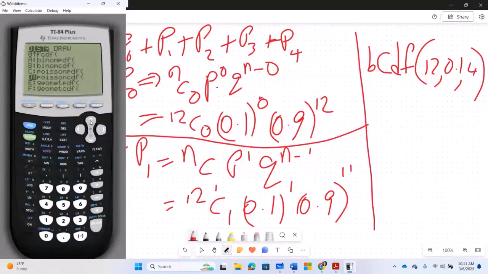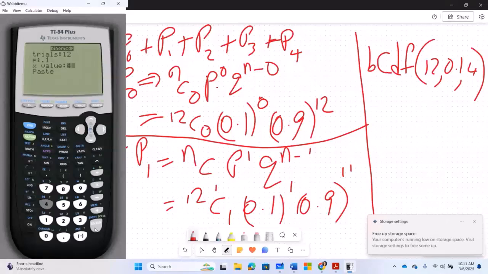And then I'm looking for binomial CDF, so I'm going to arrow up. Binomial CDF is B. Remember that CDF means cumulating. This is area to the left, so I'm cumulating. And it's asking me what is the sample size. Sample size is 12. And the next question is, what is the probability of success? 0.1. What is the random variable? 4. And then I'm going to calculate.